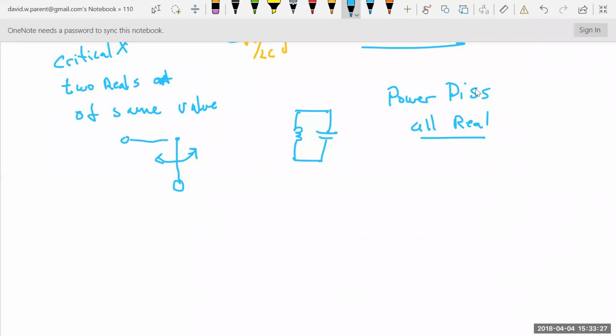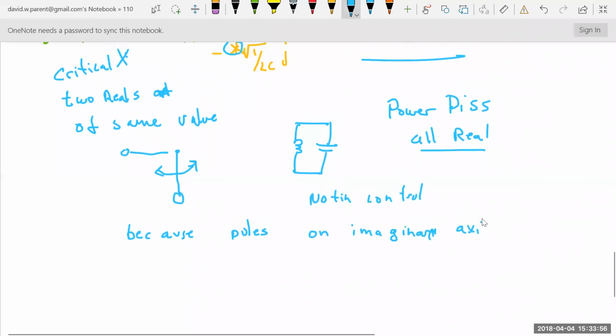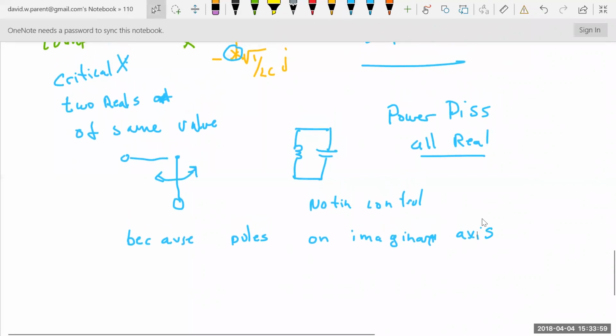So this is an uncontrolled system. They call it not in control because the poles are on the imaginary axis, okay?